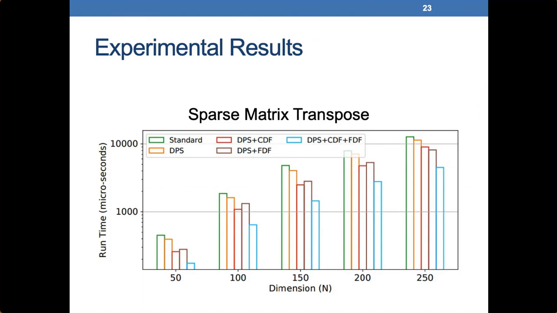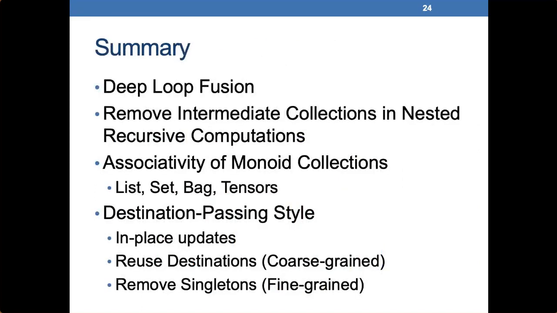So to summarize, I've shown you the deep loop fusion technique, which removes the intermediate collections that are introduced in nested recursive computations. I've shown you that in order to do that, we need to rely on the associativity feature of monoid collections such as lists, sets, bags, and tensors. And for that, I've introduced the destination passing style technique that has been used before in order to convert functional code into imperative code.